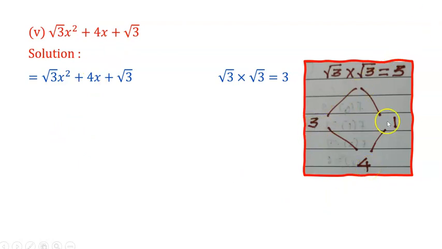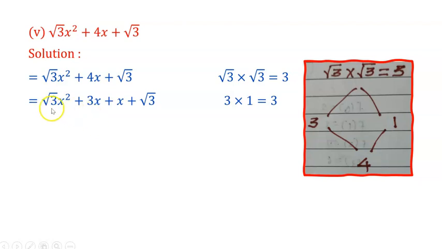Therefore 3 and 1. These are the two numbers. Their sum 3 plus 1 is 4 and their product 3 into 1 is 3. But this 3 can be written as root 3 into root 3. And hence we replace here this 4x by 3x plus x and other terms as it is.